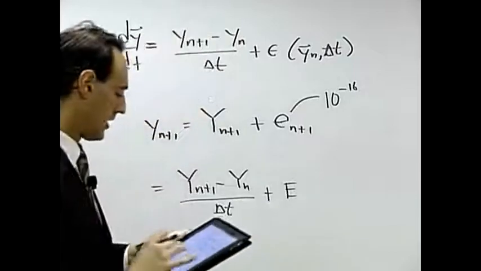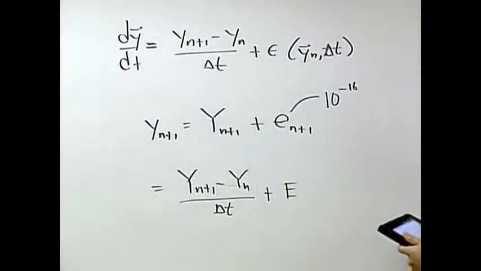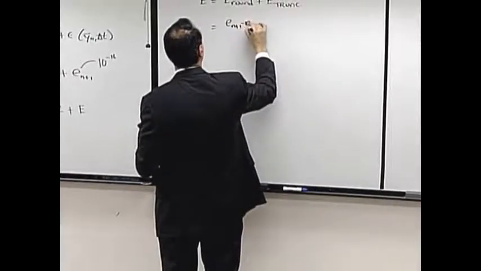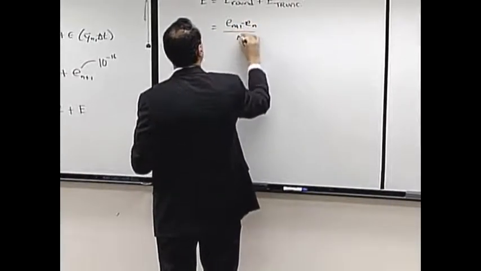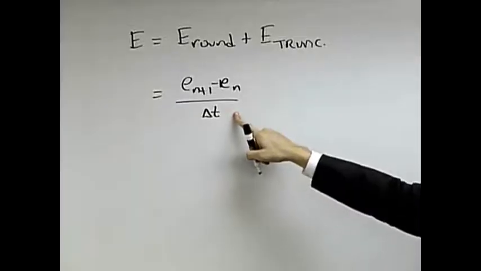And then we ask, what's in that error? Well, the error is composed of two things, round off plus truncation. Now, the truncation error we just talked about, but the round off now is the following. You round off these numbers. That's my round off from computing that difference.